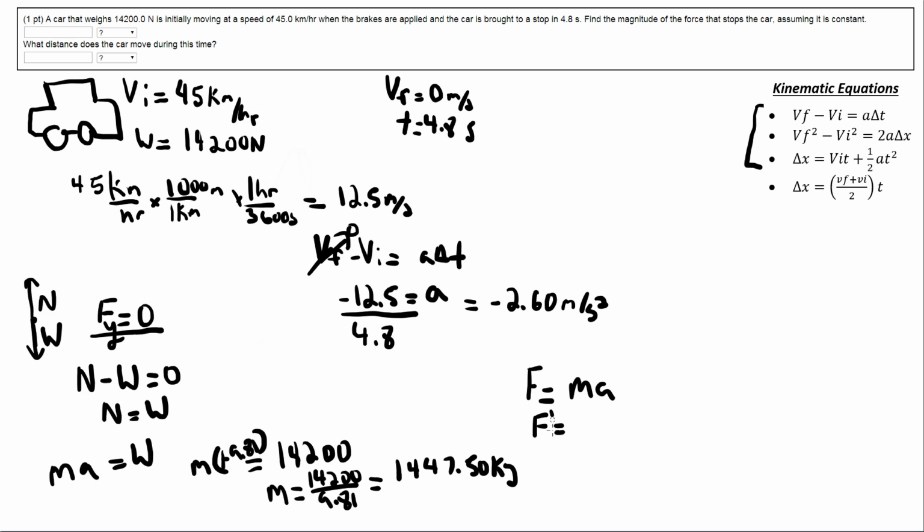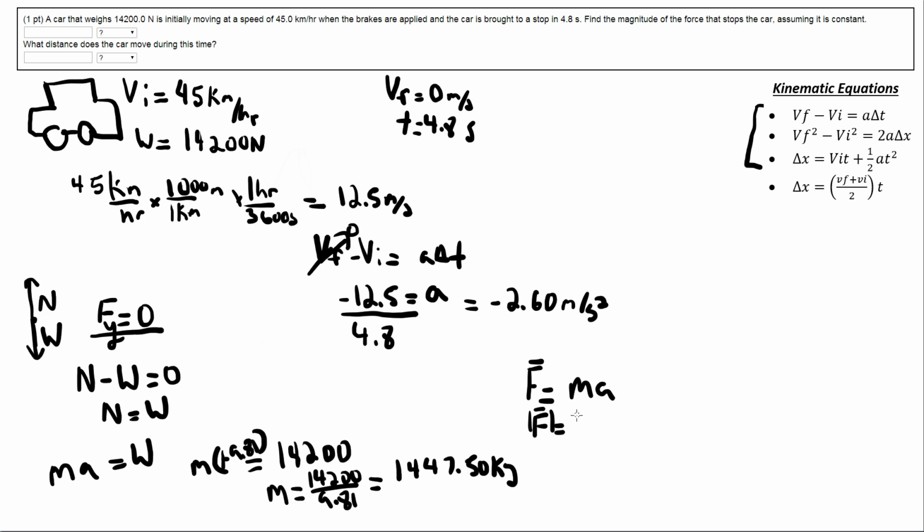But here they're asking for the magnitude of the force that brings it to a stop, so we're going to put absolute value lines to the left and right of the force. Remember, force is a vector, but in this case we're just taking the magnitude, which doesn't give us a direction. It just tells us how much force is going to be needed to bring it to a stop.